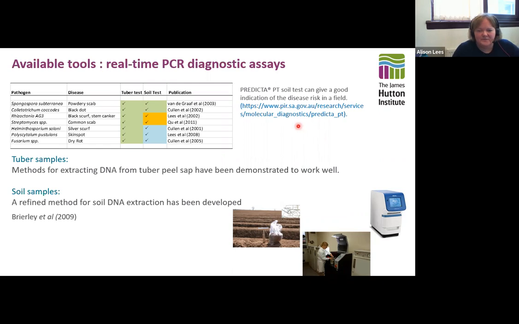In Australia, the Predictor PT soil test is available commercially, and this can give a good indication of disease risk on progeny tubers based on inoculum levels in the soil. And I'll come back to the question of setting such thresholds. There are also various methods published for extraction of DNA from tuber peel sap and from soil.